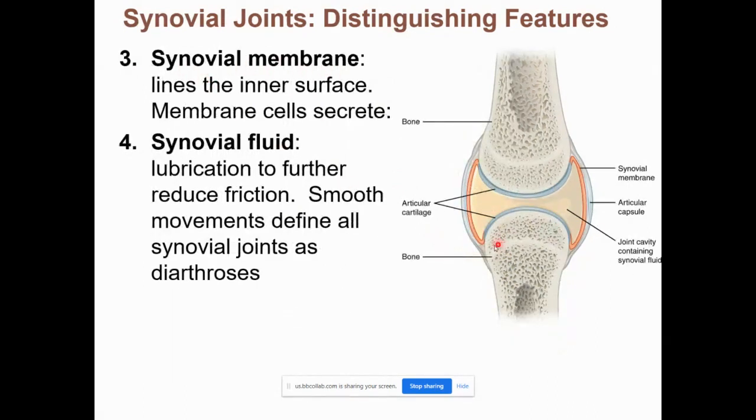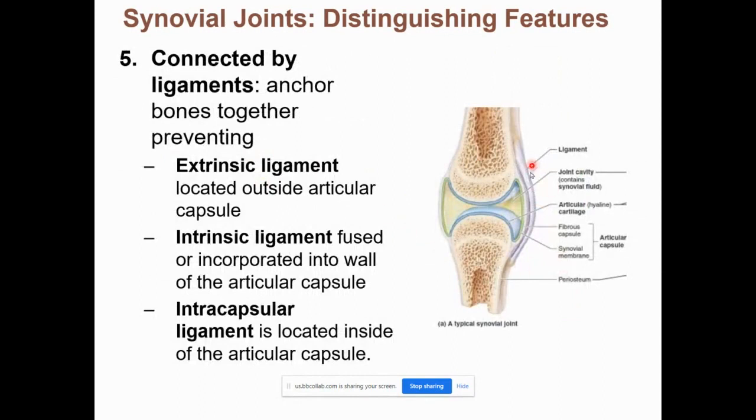A synovial membrane: inside that capsule we have a membrane made up of cells that secrete fluid into the space, which is synovial fluid, to lubricate the motion. And we have ligaments connecting the two bones together, either outside the capsule, inside the capsule, or in the capsule itself. Doesn't matter. I won't worry about the three types of ligaments here, but those are five features that all synovial joints have.